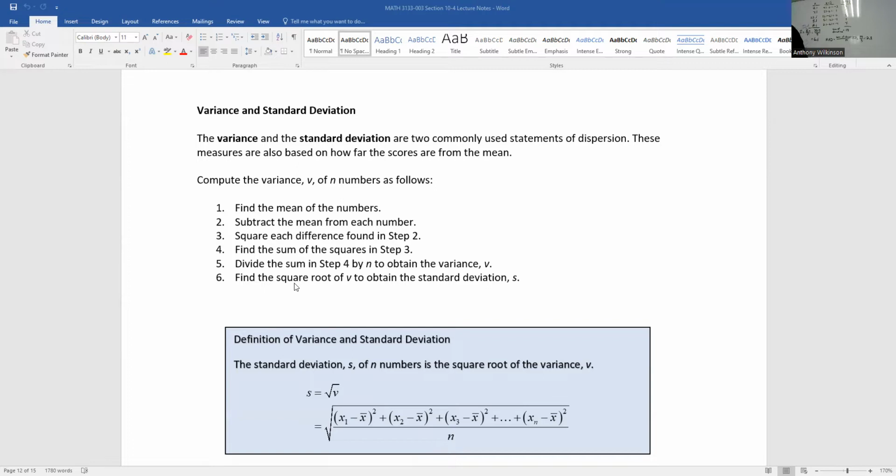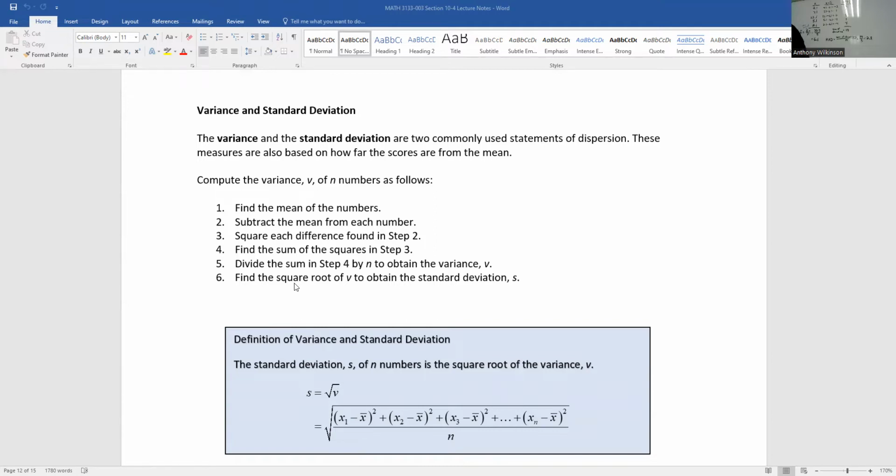Number 2, subtract the mean from each number, so it's the data value minus the mean. Some will be positive, some will be negative. Number 3, square each difference found in step number 2. Number 4, find the sum of those squares from step number 3.